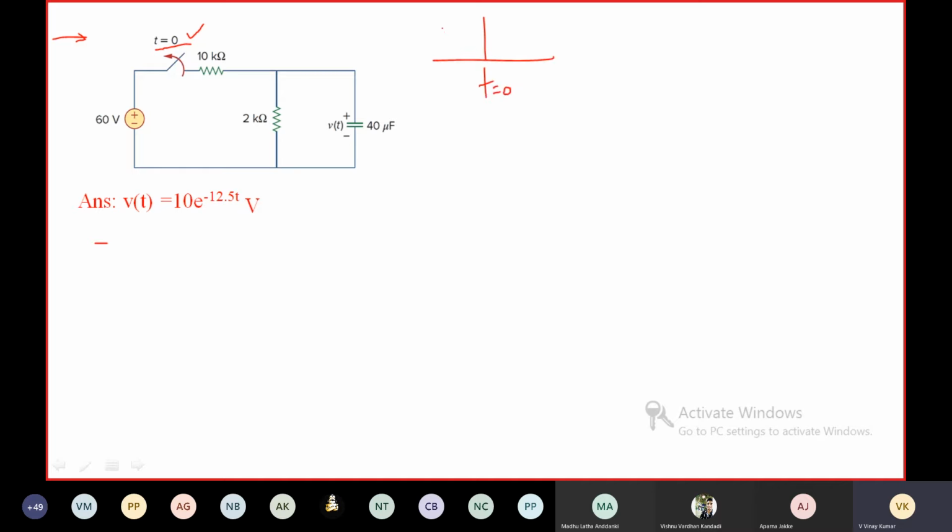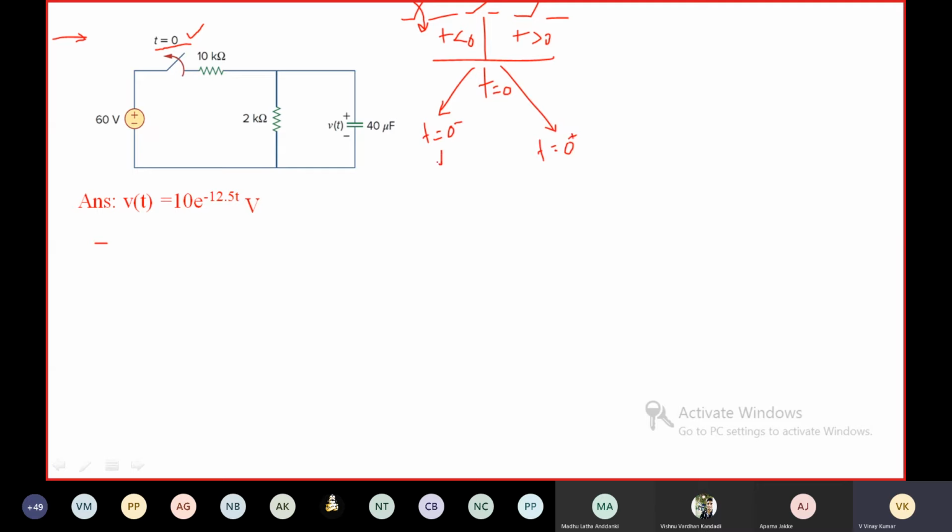This is for t less than 0. This is for t greater than 0, which is opened at t is equal to 0, means it will be opened for t greater than 0. The switch was in closed position for t less than 0. You have to find the voltage at t is equal to 0 minus. This instant is t is equal to 0 plus.